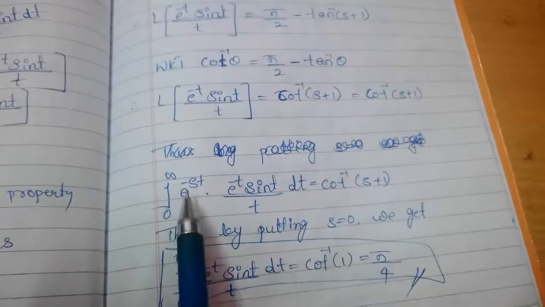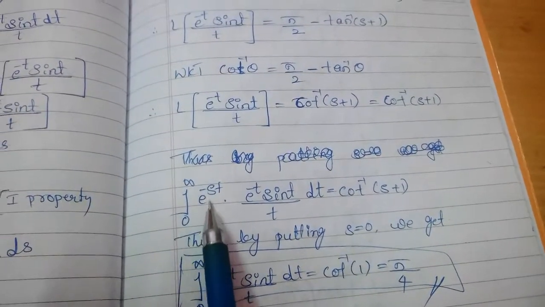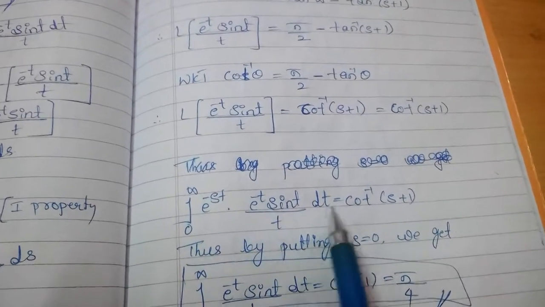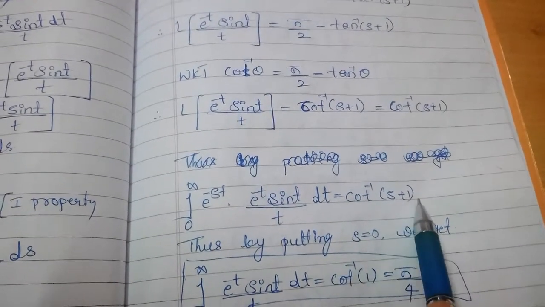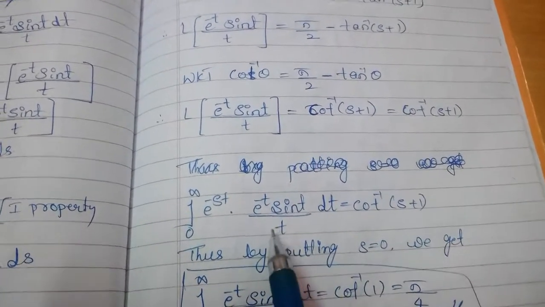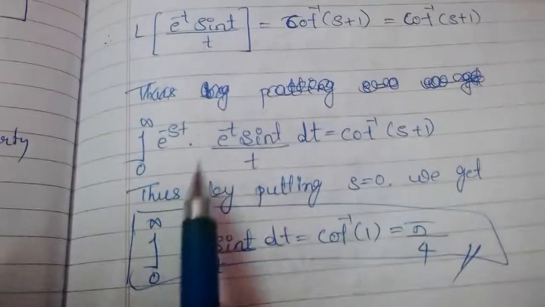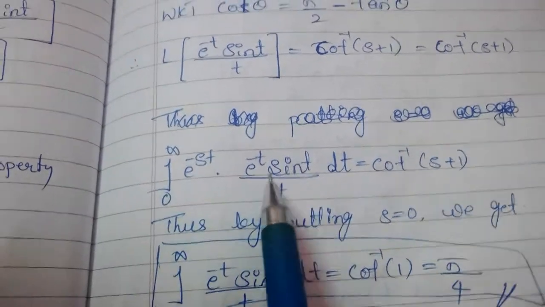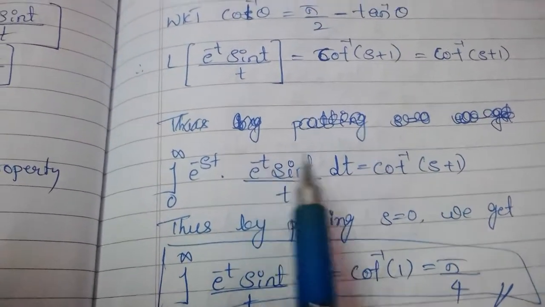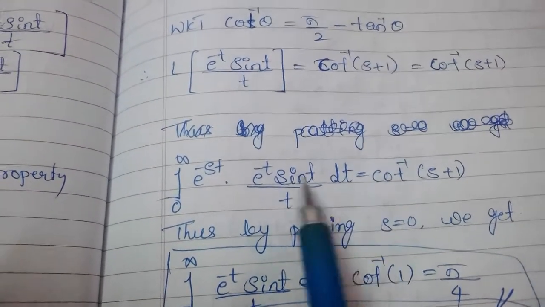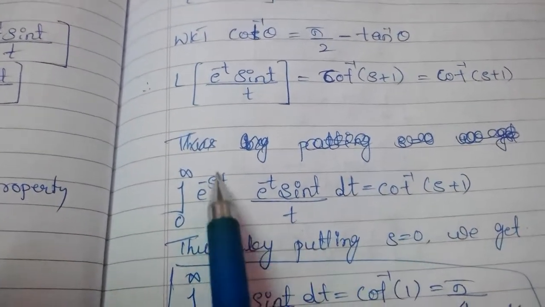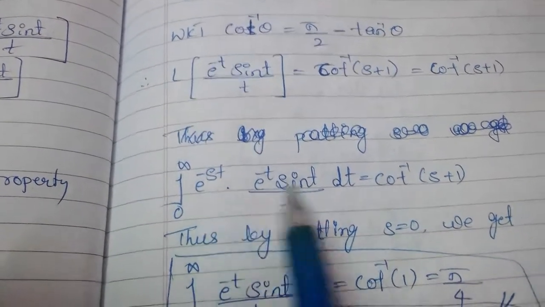After this we get integration from 0 to infinity of e raised to minus st f of t dt is equal to cot inverse of s plus a. Simply, we have the integral value: integration from 0 to infinity e raised to minus t sin t divided by t dt. Therefore we have to substitute the s value as 0.